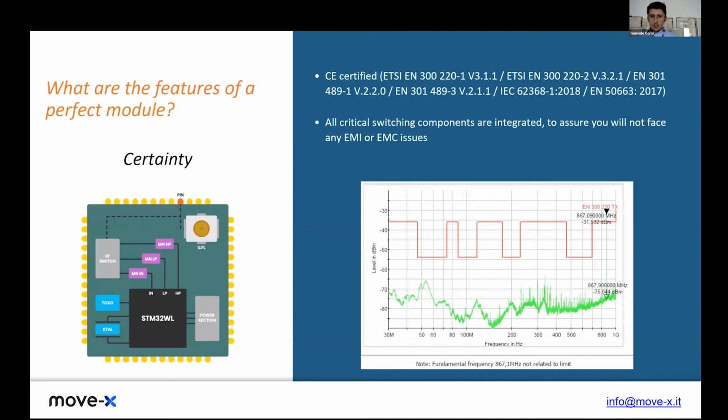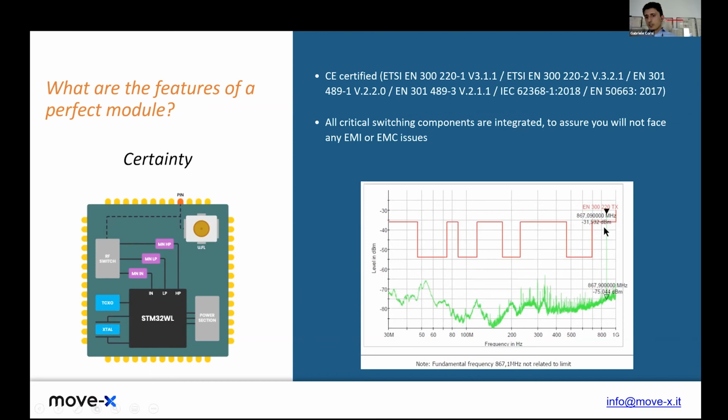So with this module, as you can see in this slide, we passed all the certifications in a great way. All the radiated emissions are far below the limits.